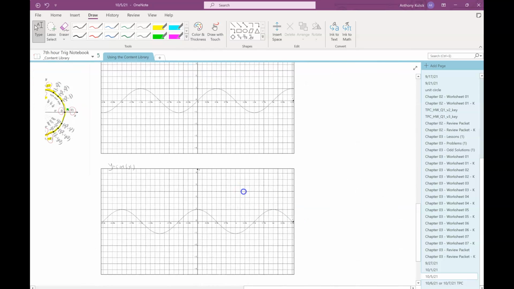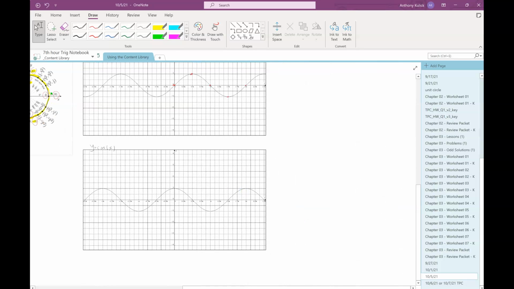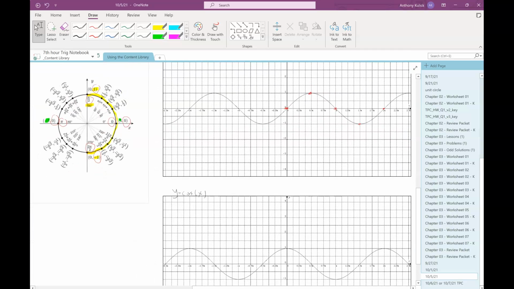Notice that it's quite similar, but it's not exactly the same, right? Again, the reason we're getting something different is if I go ahead and graph cosine, I'd have 0, 1, pi over 2, 0, pi, negative 1, 3 pi over 2, 0, and then 2 pi and 1 again.